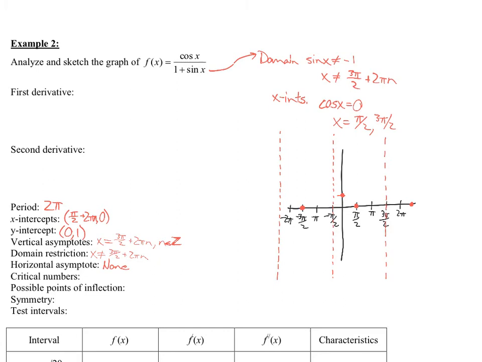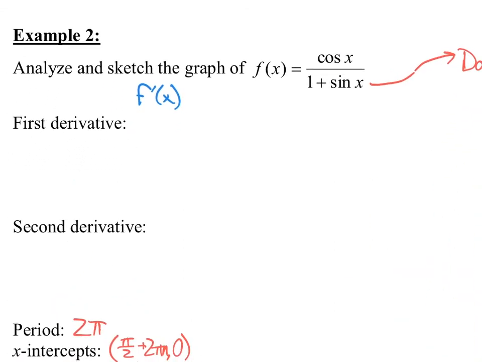First derivative, f prime of x. Derivative of the top, negative sine x, times the bottom, minus the top times the derivative of the bottom, which is just cosine, all over 1 plus sine x squared.